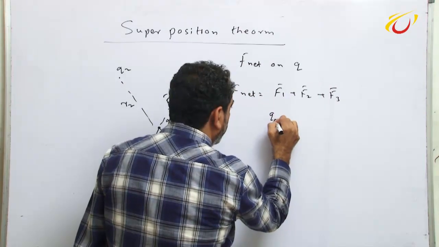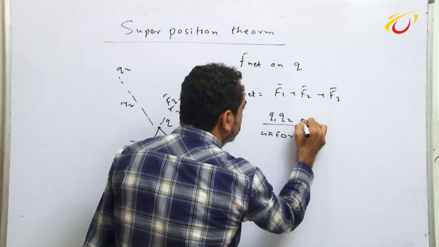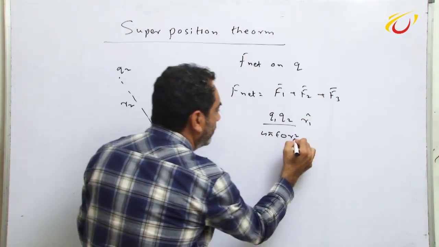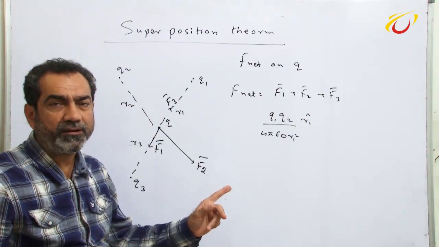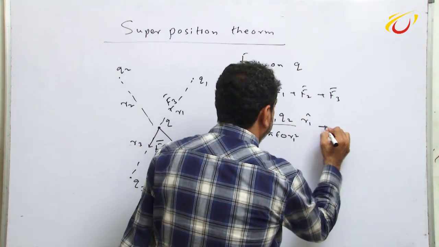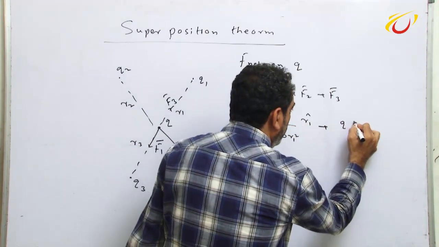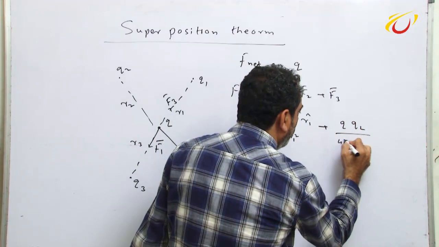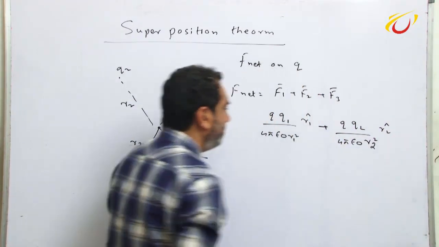This force will be Q Q1 over 4 pi epsilon R1 square, R1 cap. R1 cap means you have to show it in vector form. Again, put this Q, Q2 over 4 pi epsilon R2 square, R2 cap.